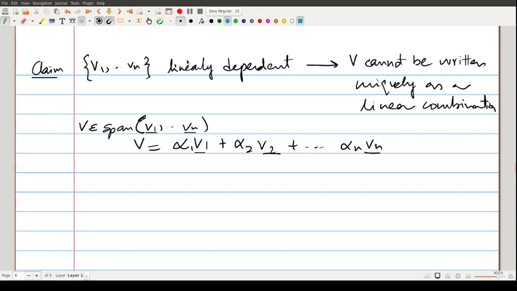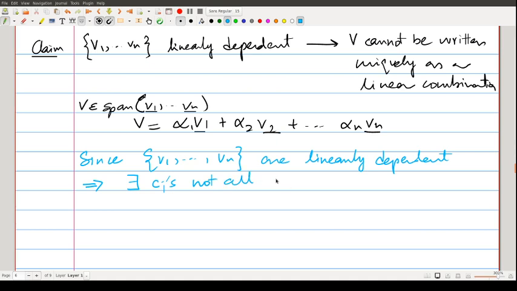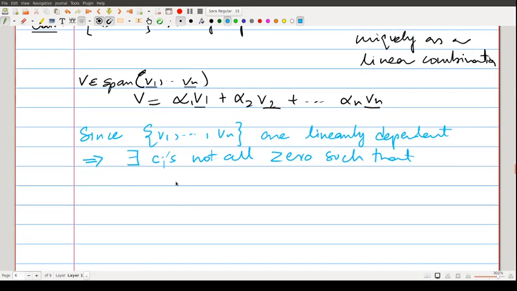So since V1 to Vn are linearly dependent, then linear dependence implies the following: there exist Ci's not all 0 such that C1 V1 plus C2 V2 plus dot dot dot Cn Vn is equal to 0. So you get a 0 vector even though these C1, C2, Cn are not all 0.